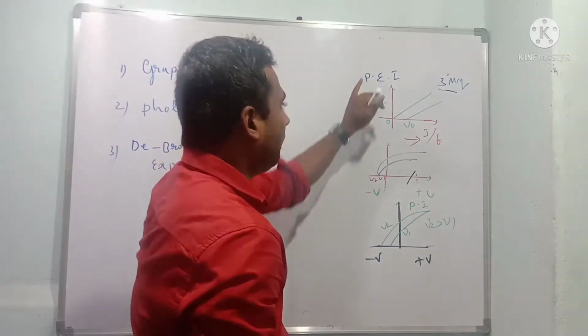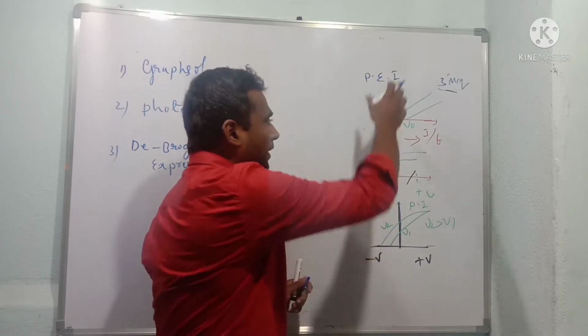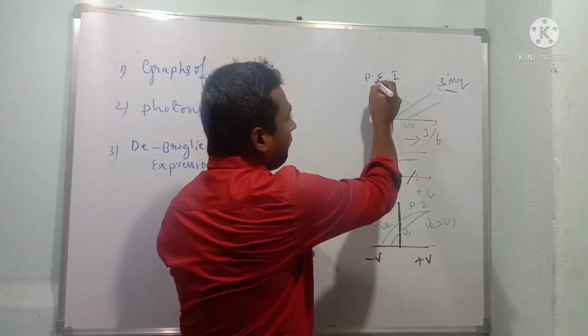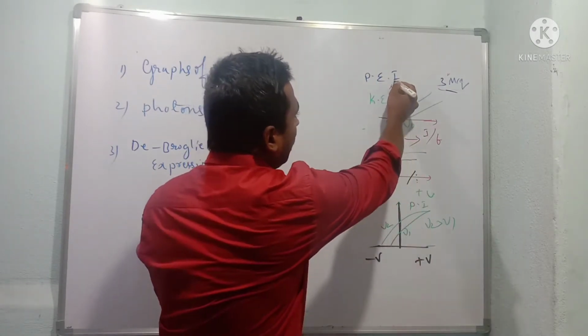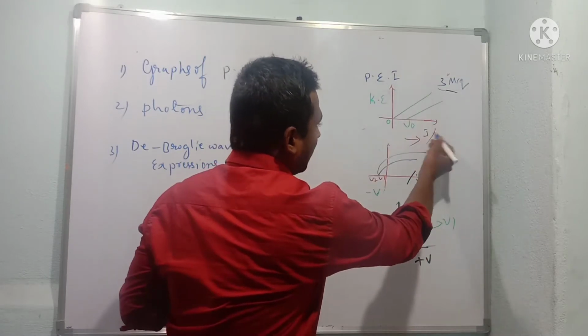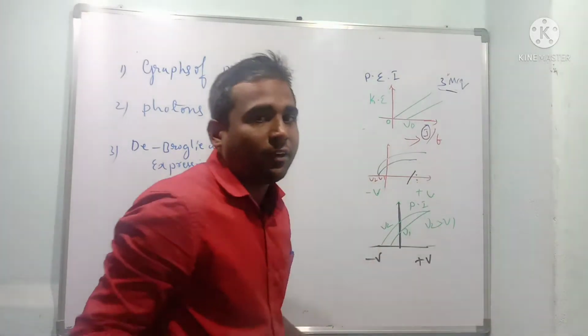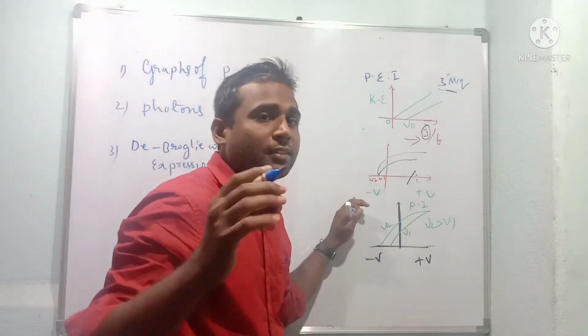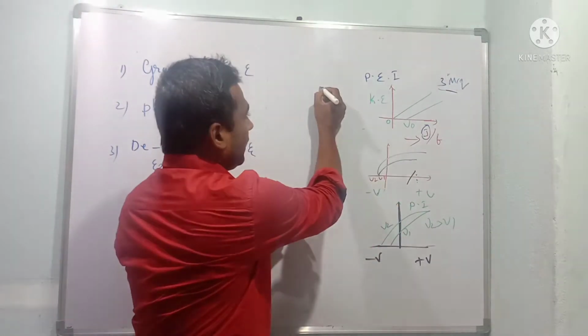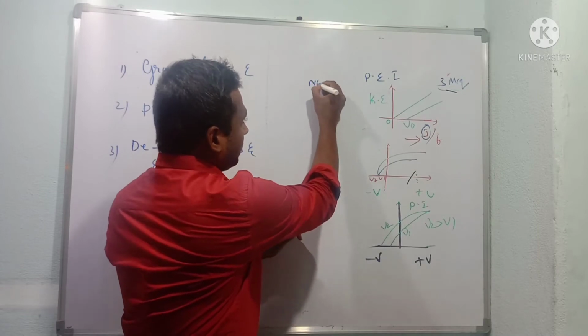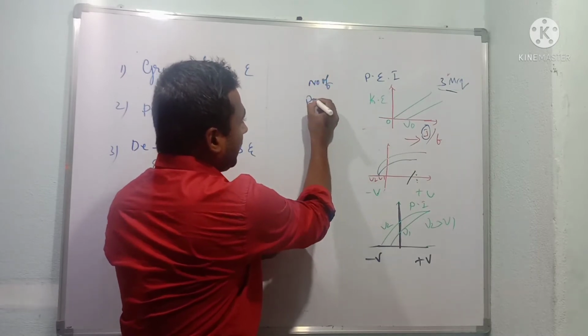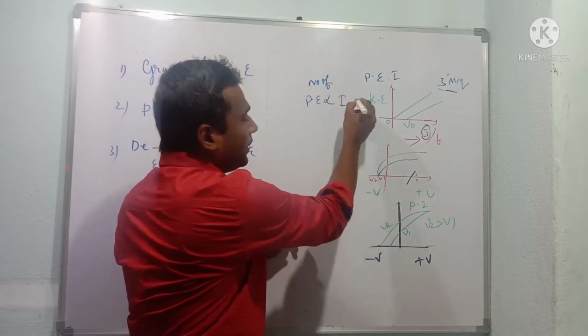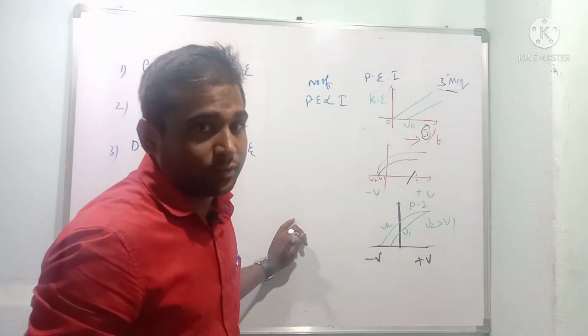Students, the first graph. So I have drawn a graph of photoelectric current versus intensity of light. Dear students, as I told you in the previous class, the number of photoelectrons is directly proportional to the intensity of radiation.